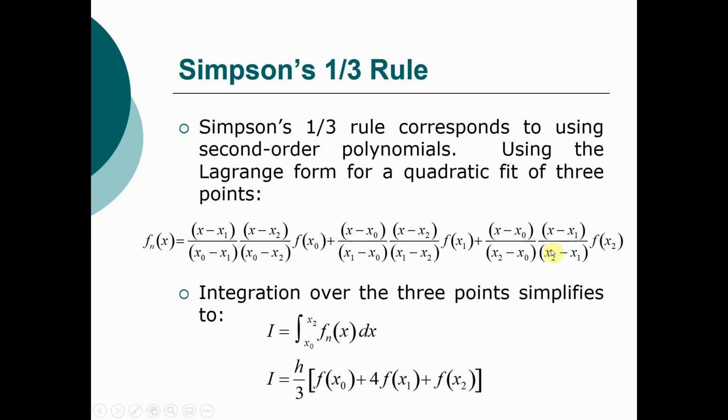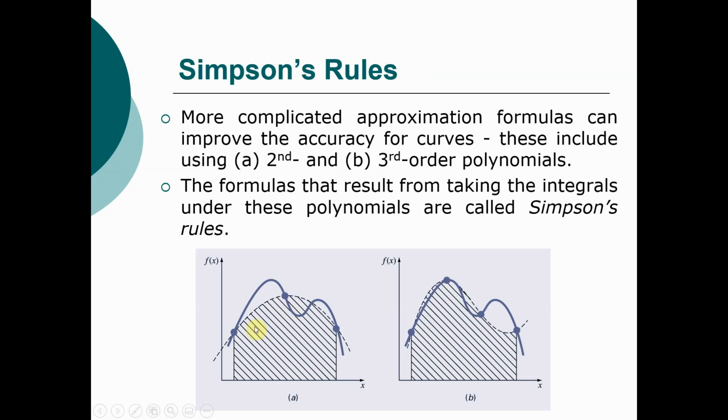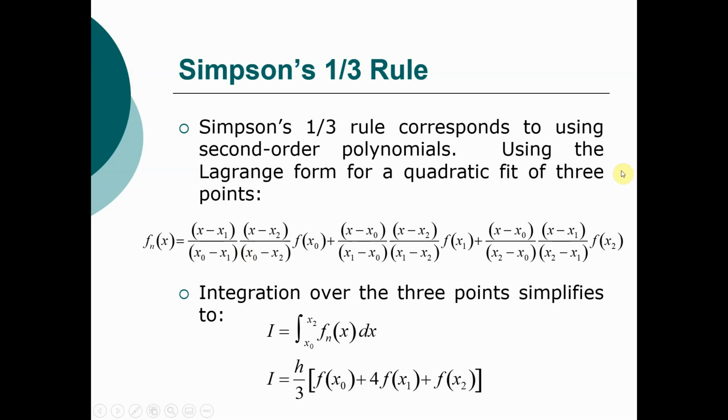If we have 3 points on the function, we can find the quadratic curve that goes through those points uniquely. This shows how we can find them. The quadratic or second order polynomial is going to be ax squared plus bx plus c.